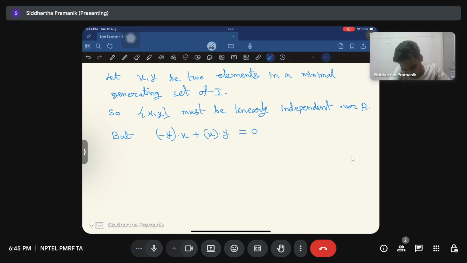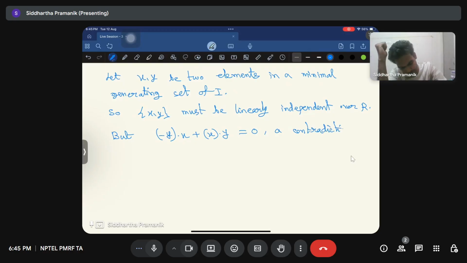So here is an R linear combination of these two elements which gives 0. So this shows that this set is linearly dependent, which is a contradiction.